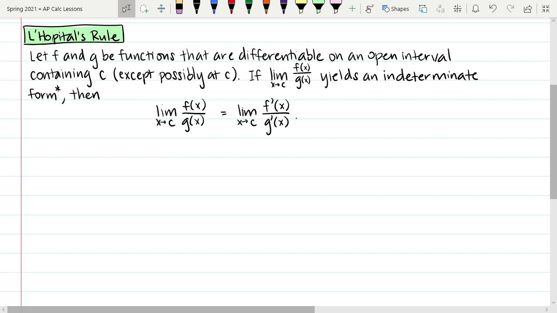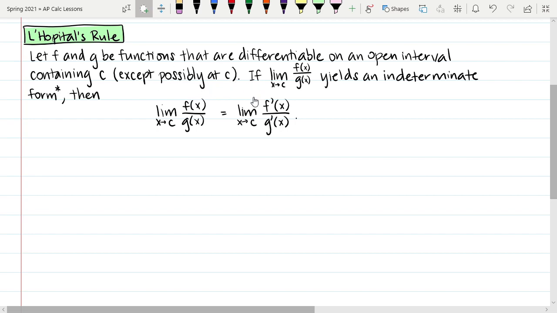Alright, so here's what L'Hôpital's rule says. Let f and g be functions that are differentiable on an open interval containing c, except possibly at c. So we don't really care what happens to the derivative of f or g at c, just as long as f and g are differentiable around c.